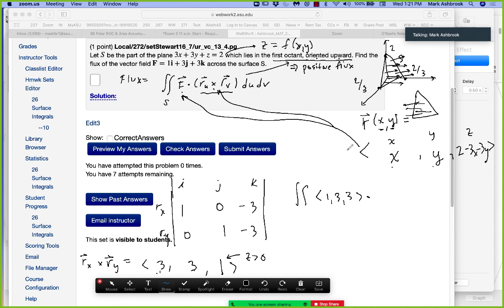Then dot Ru cross Rv, which is 3, 3, 1, and then dx dy, or however we want to do this double integral. If we want to change it, we can. So now we have the double integral of 3 plus 9 plus 3.